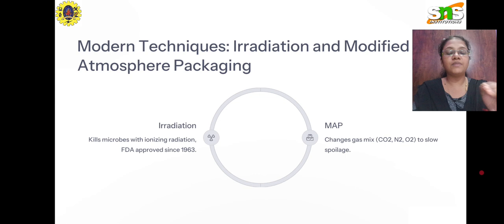This method was approved by the Food and Drug Administration as early as 1963 and was put into practice. Modified atmospheric packaging is also a modern technique where we incorporate a mixture of gases, carbon dioxide, nitrogen and oxygen, to slow the spoilage of the food material.